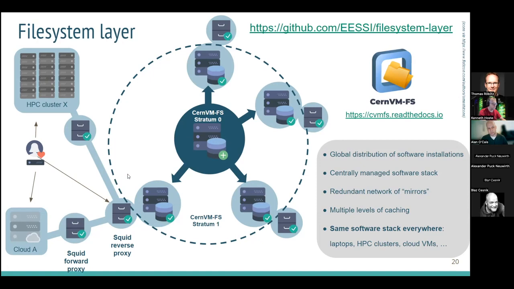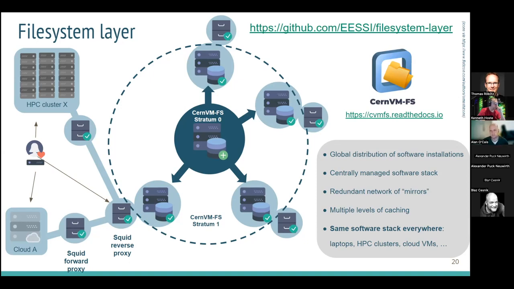And what stratum 1 you actually use is part of the EESSI configuration repository, or you can configure that yourself. So if you have a private stratum 1 server, you can configure your cluster to automatically talk only to that private stratum 1 server, or still use other stratum 1s as a backup in case something happens with your private stratum 1.